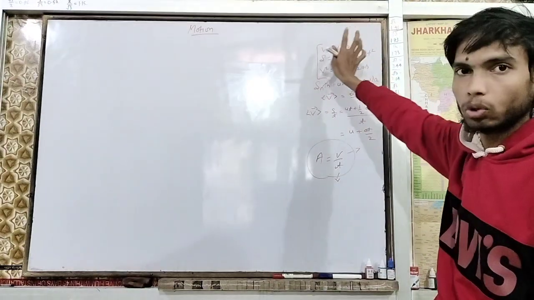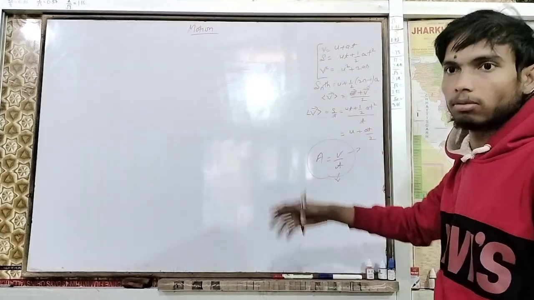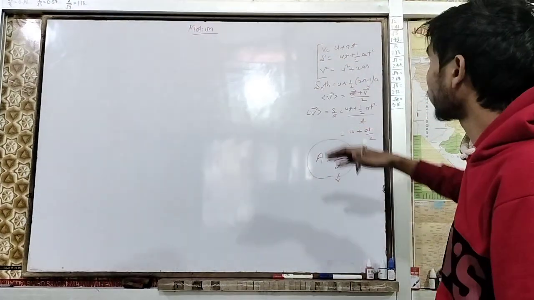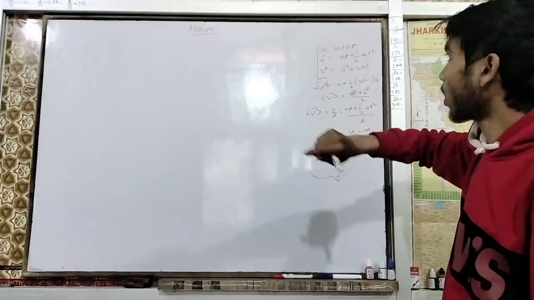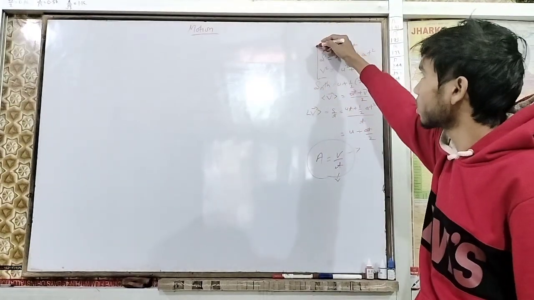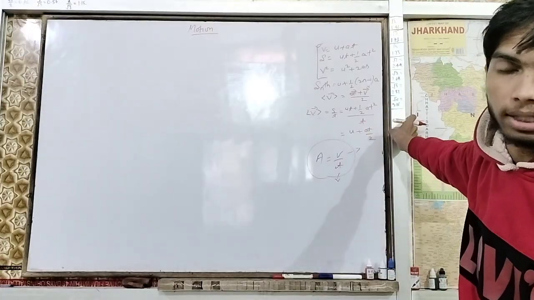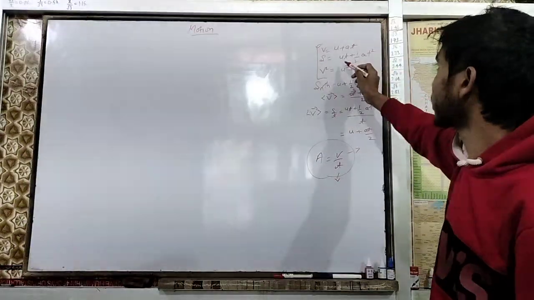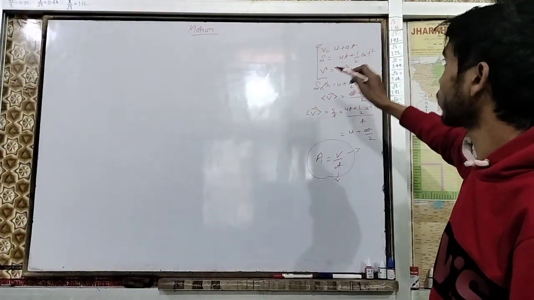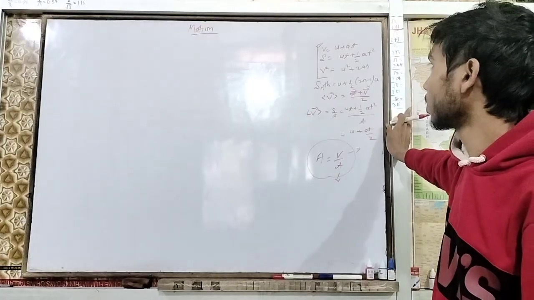So v is equal to u plus at. Yes, if you want to find final velocity, then you will use this first. If you want to calculate the displacement only, where you are given the value of u, value of t, value of acceleration, then you can use this, s is equal to.